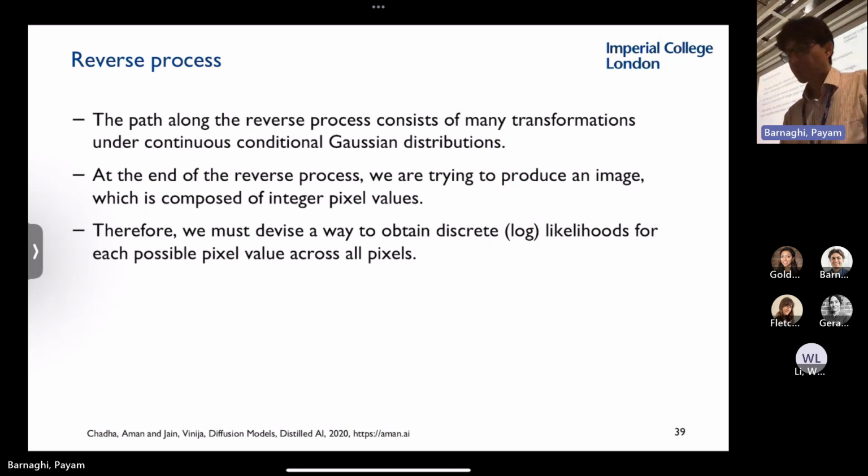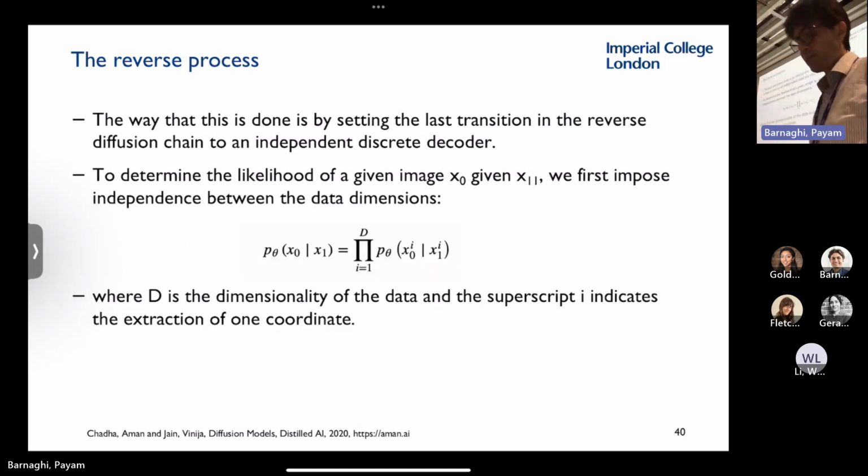And the reverse process, as I said, you're trying to learn the log likelihood, and you go from the log likelihoods across the pixels. This is just a simplification of writing the process as a probabilistic model. I've already gone through the linear algebra, but in reality, given x1, you're trying to predict x0, conditioned on all the steps before that, step by step, which is repeating the same thing as I said.